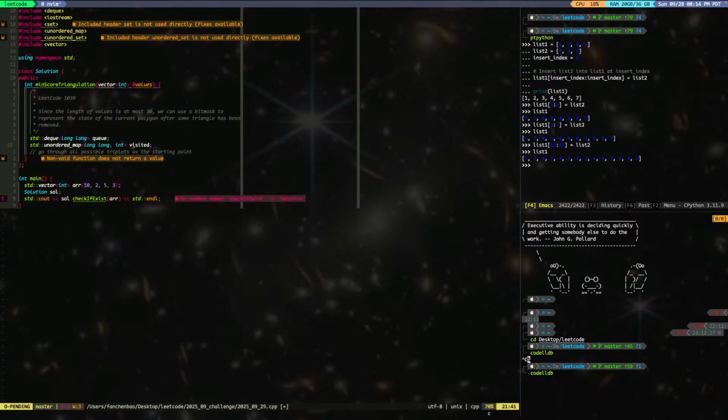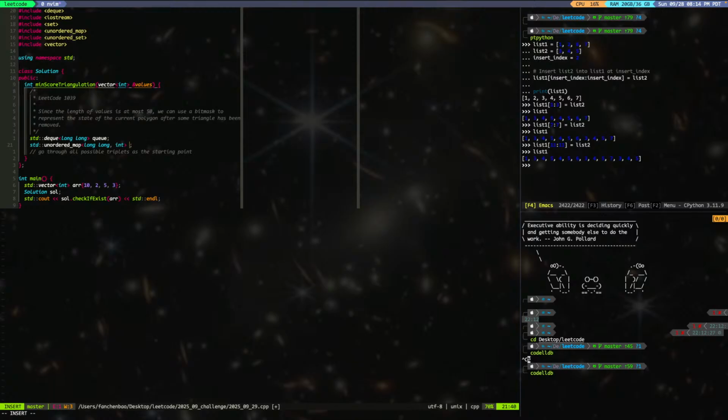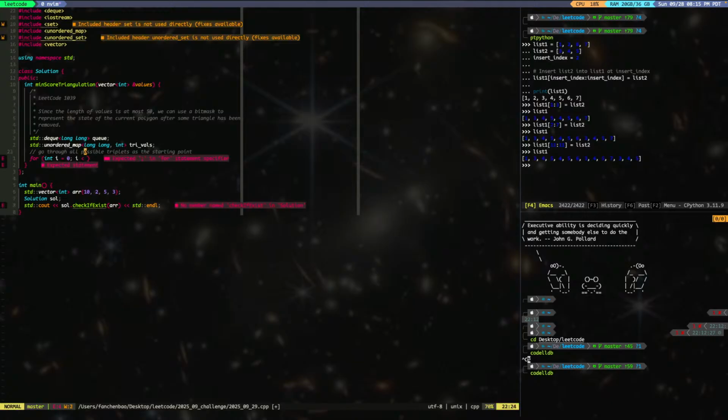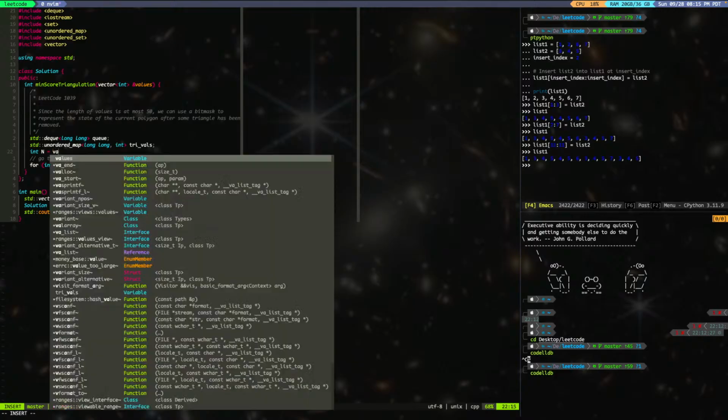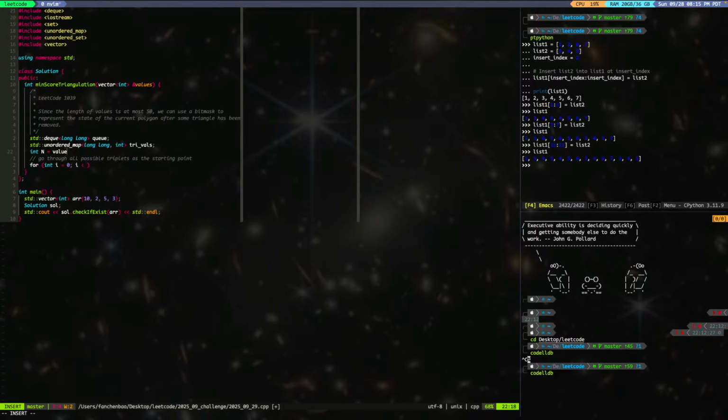So we have int and int. Oh, this is not an int, this is going to be a long. This is not visited, this is going to be trie vals. Okay, so for int i = 0, i smaller than n, let's get our n equal to values.size.